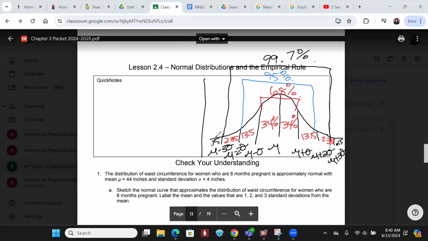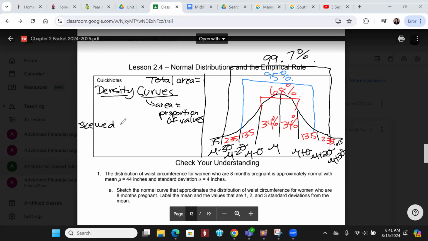All right. So density curves. We talked briefly about those. It means that the total area under the curve is going to be equal to 1. Area is proportion of values. And this is just a refresher. You've already learned this part. Skewed right is going to be like this, and the mean is greater than the median.